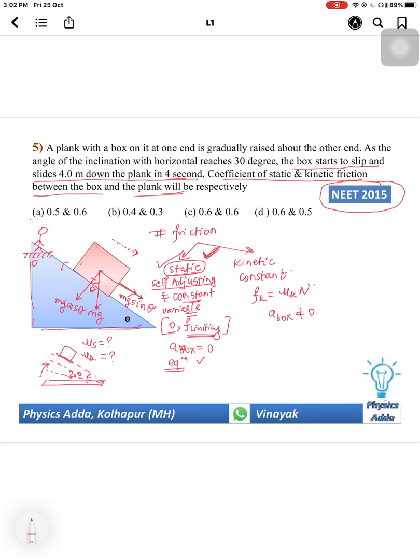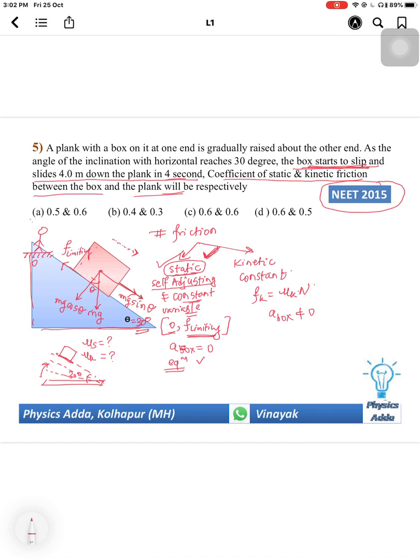So static friction will act in this direction. This is self-adjusting. When this angle becomes 30 degrees, the box is about to slip. So in that case, it will be F limiting, right?